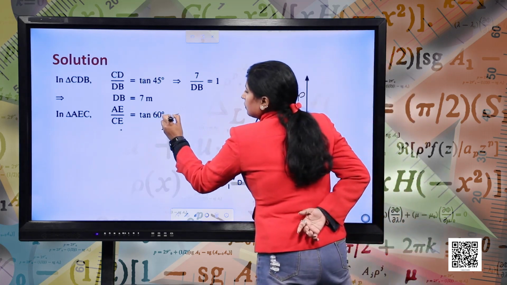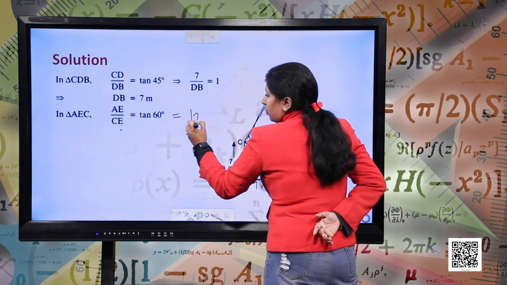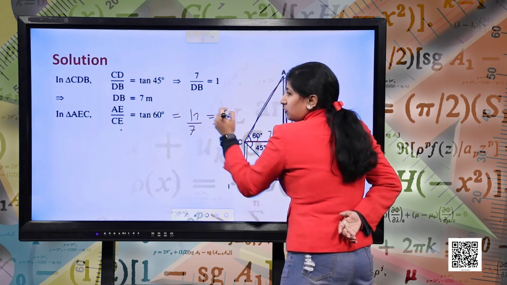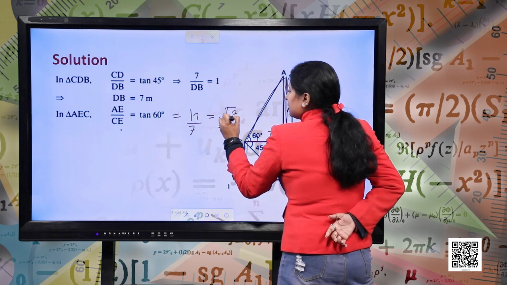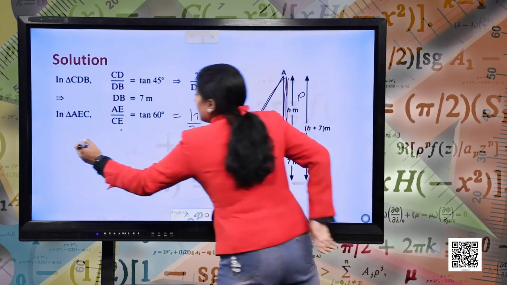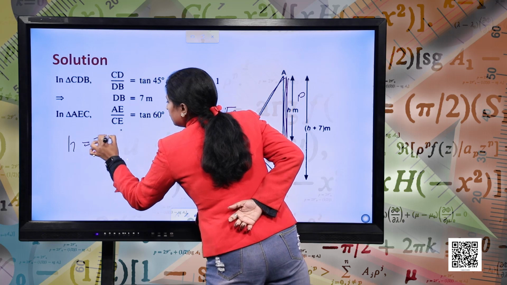So AE, that is H, upon CE, that is 7, is equal to what? You know tan 60 is root 3. We have already recalled trigonometric ratios. So you should remember that tan 60 is root 3. So we get H equal to 7 root 3 meter.